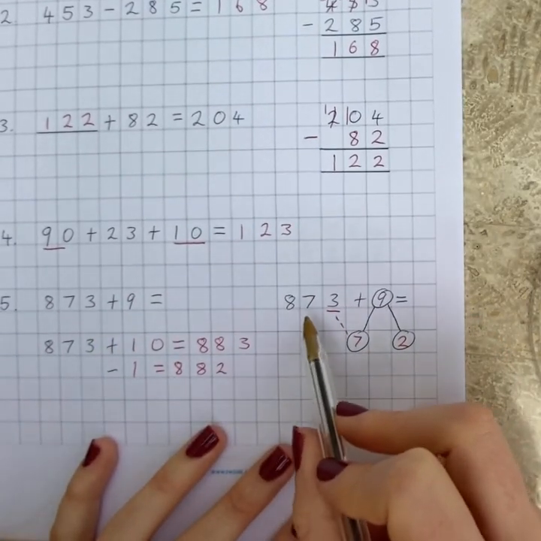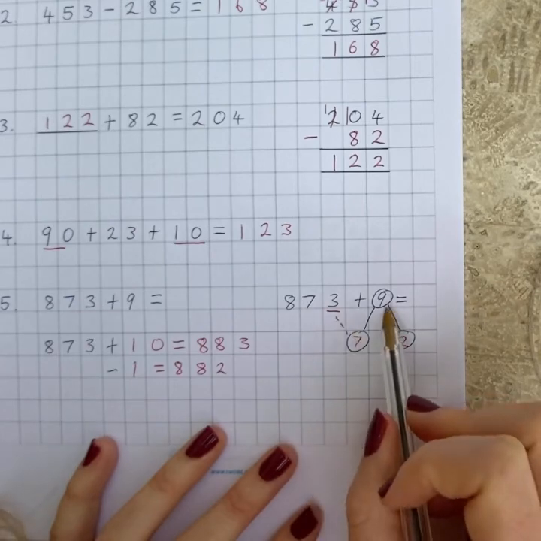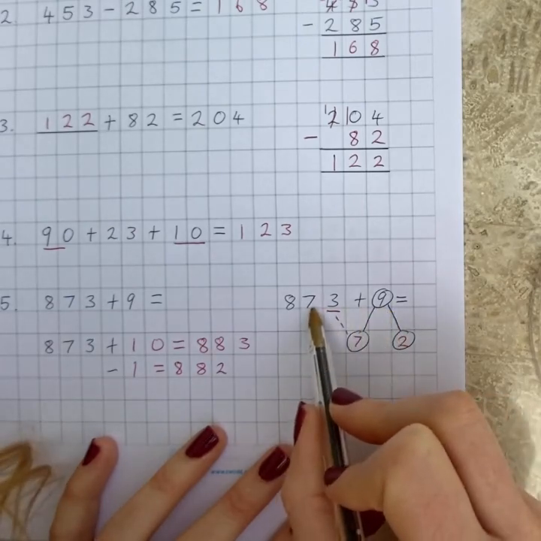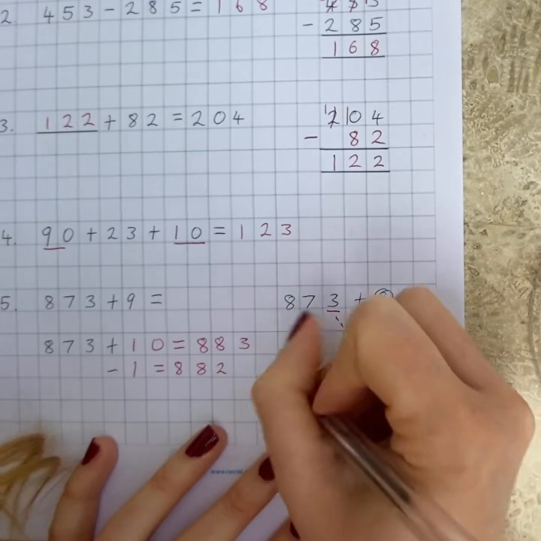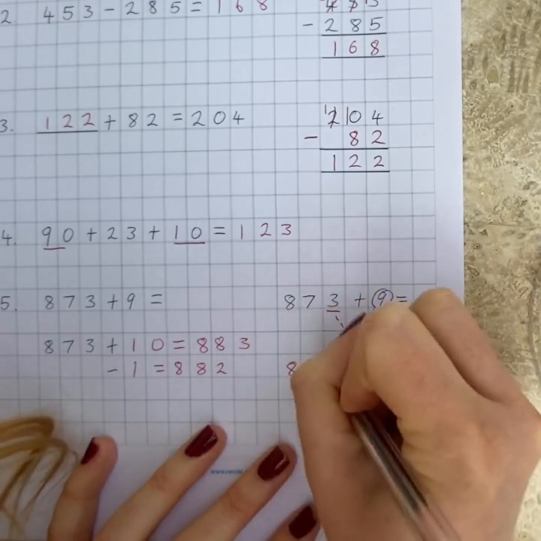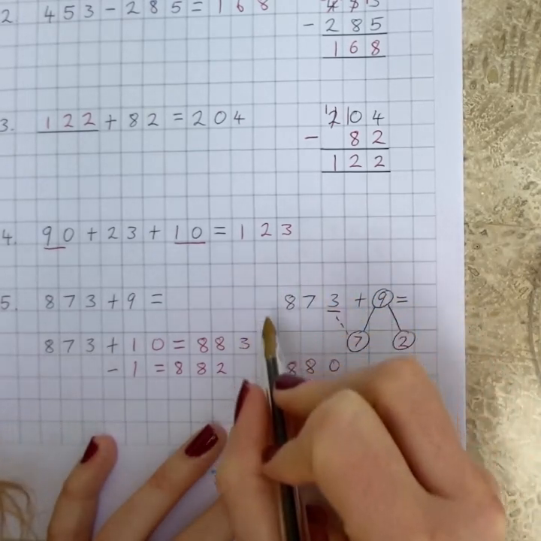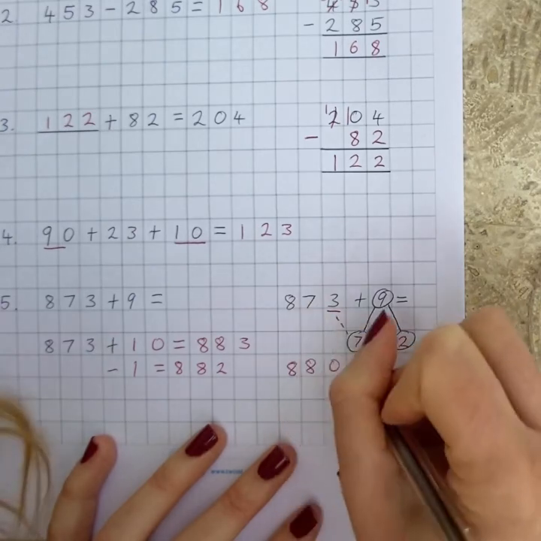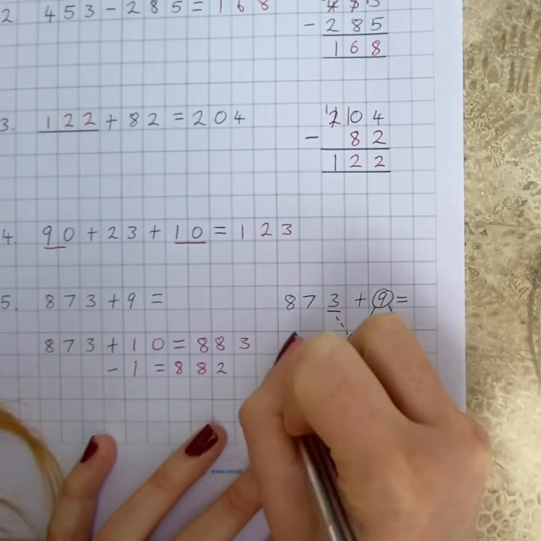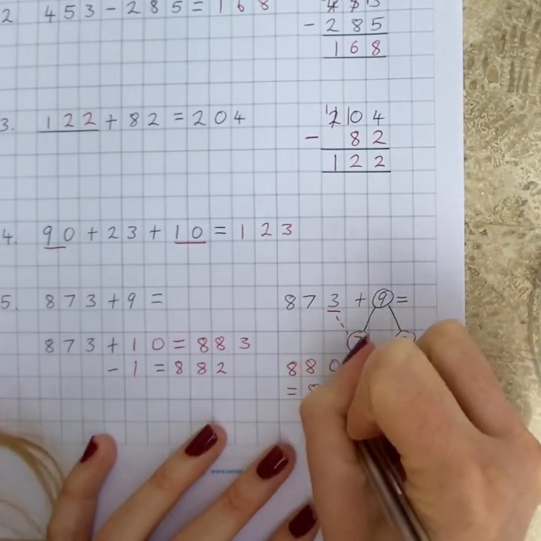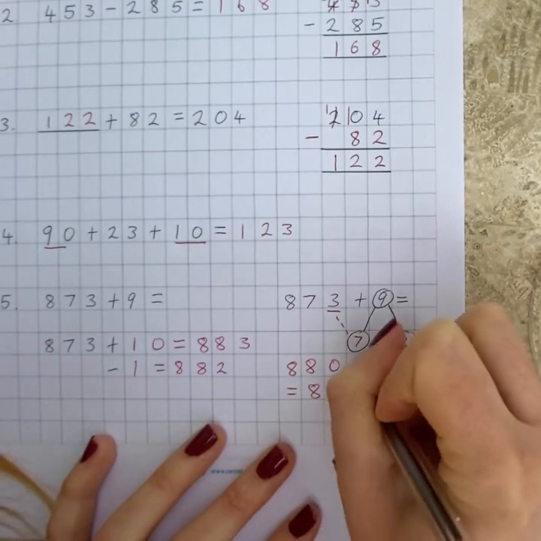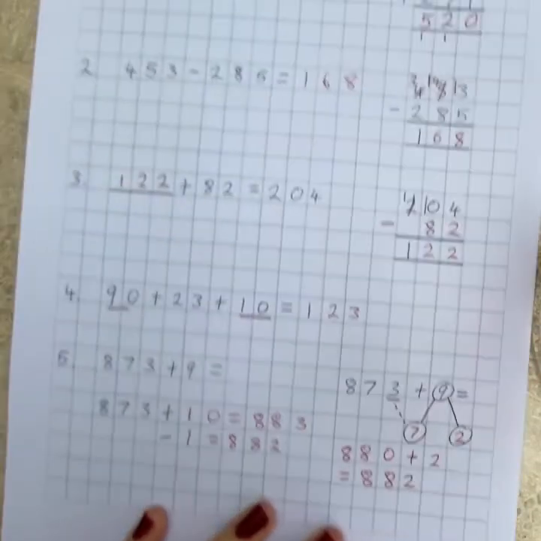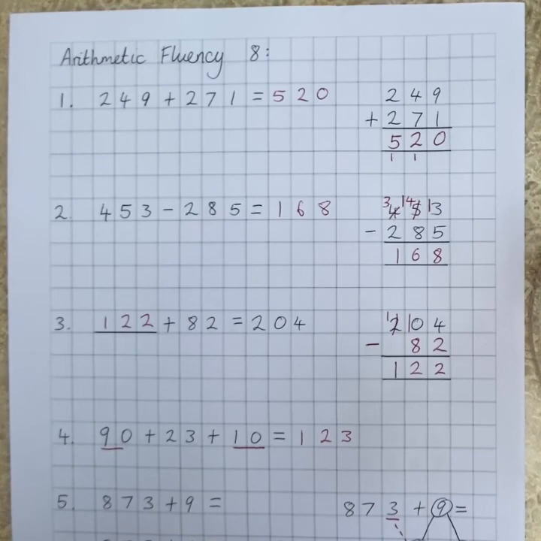Instead of 873 add 9, we can make 873 add 7, so we can make this into 880. Here, add on the 2 equals 882. That's the end of Arithmetic Fluency 8.